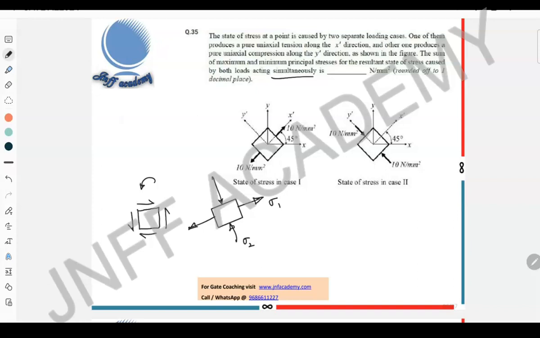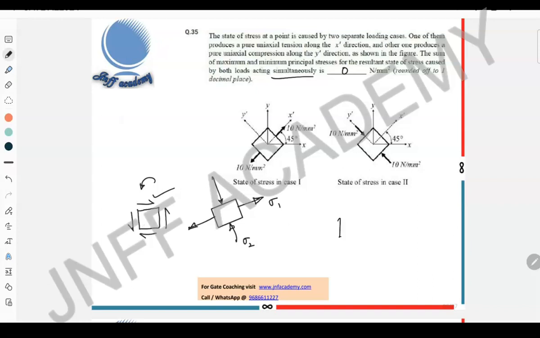If you consider it, it will go to a pure shear condition, so straight away you can put 0. This we already discussed in class, because these two are of the same magnitude, but direction-wise they are different. For the pure shear condition it will come like this.